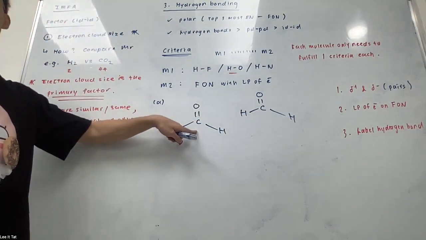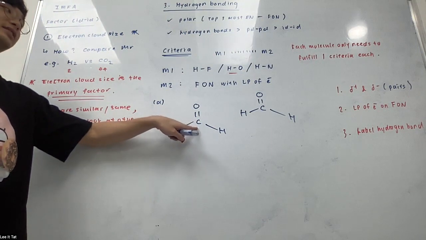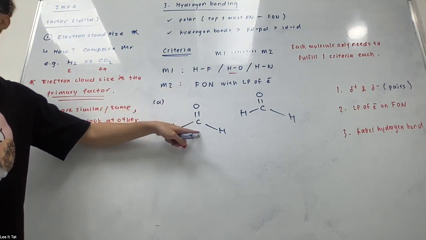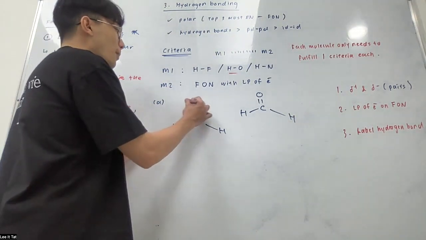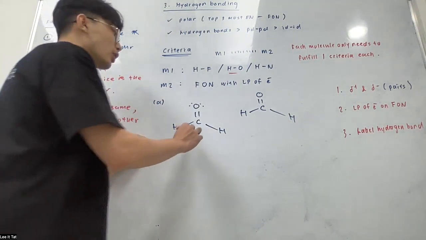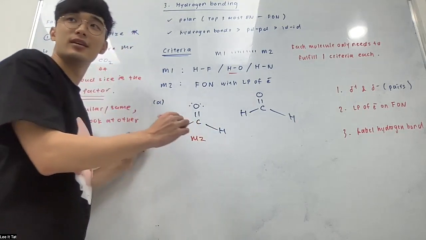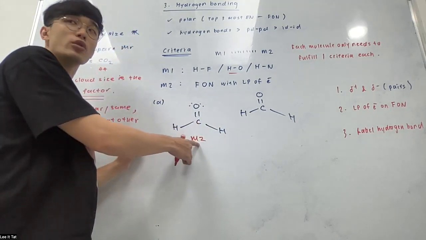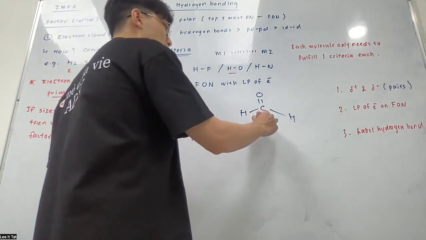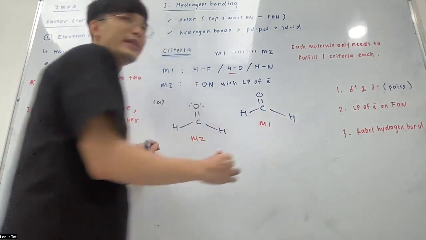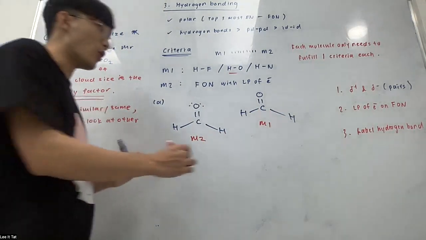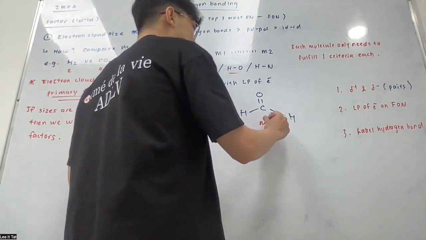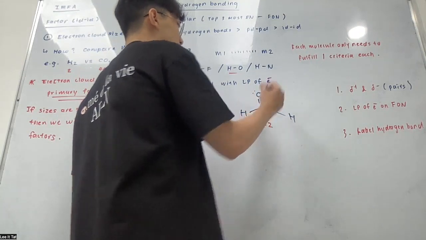We look at the guy on the left first. What criteria does he fulfill? The first or the second criteria? He fulfills the second criteria because he has lone pairs on oxygen, right? So I'm going to call this guy molecule 2. If he's molecule 2, that means the other guy must be molecule 1. But does it fulfill molecule 1's criteria? No, it doesn't, because it still only fulfills molecule 2's criteria.